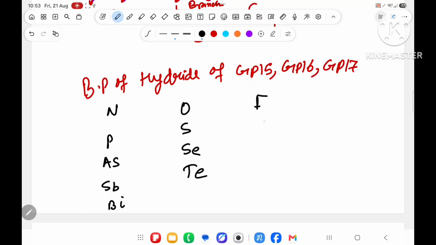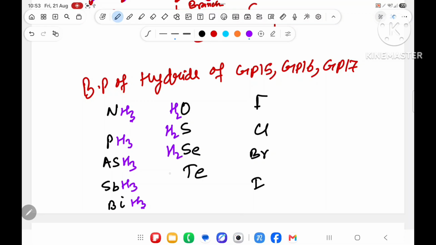Group 17: F, Cl, Br, I, At, astatine, don't write it, it is radioactive. Hydrides means NH3, PH3, AsH3, SbH3, BiH3, H2O, H2S, H2Se, H2Te, HF, HCl, HBr, HI.